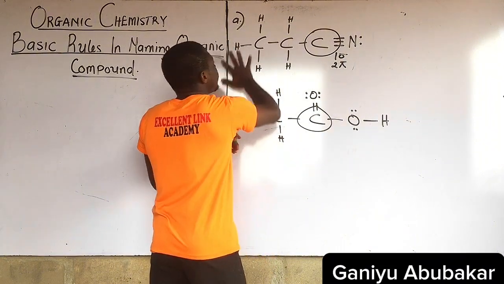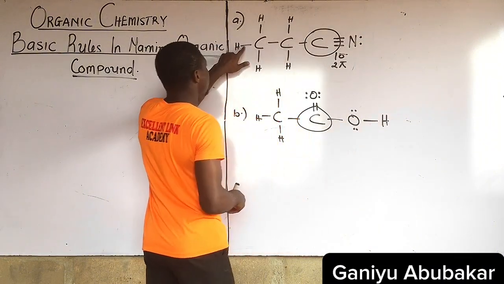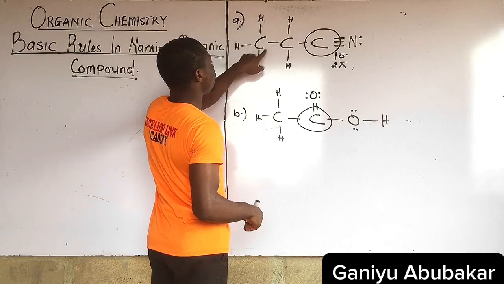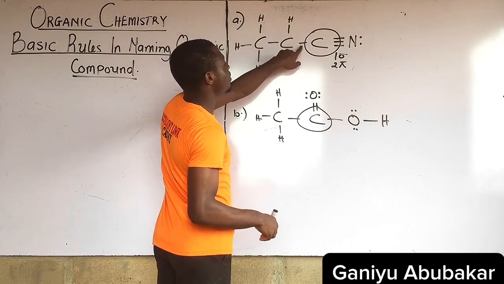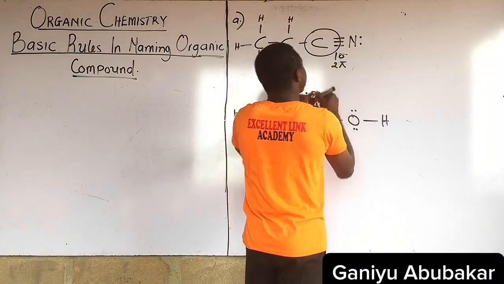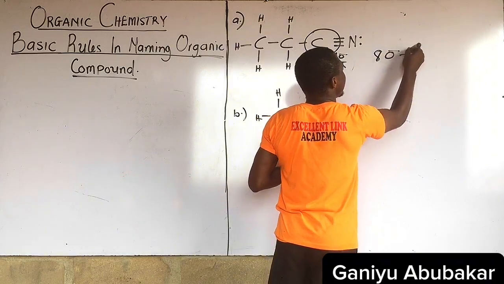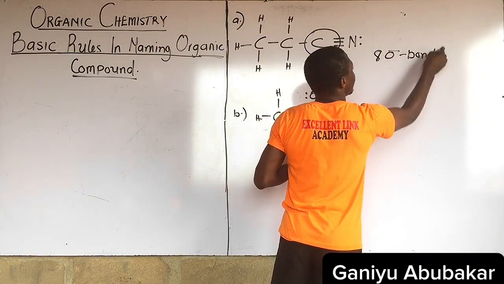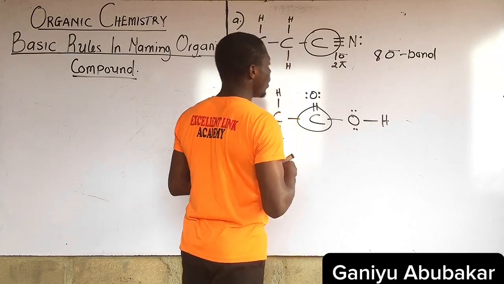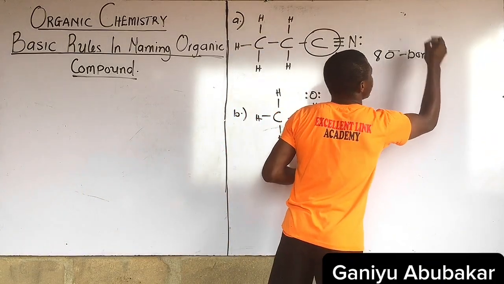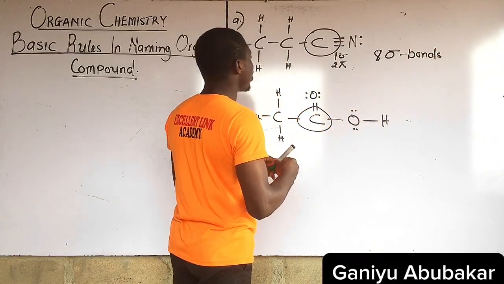So let's count the number of sigma bonds here. This is 1, 2, 3, 4, 5, 6, 7, and with this one here, 8. So I have 8 sigma bonds. Now let's get the total number of pi bonds.